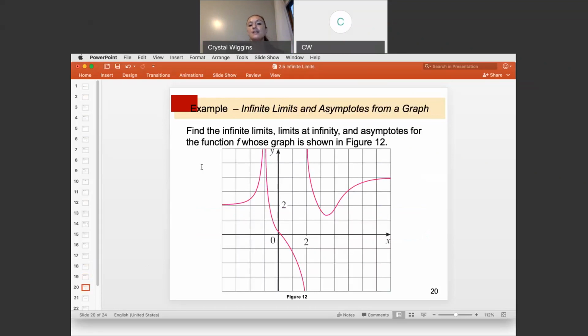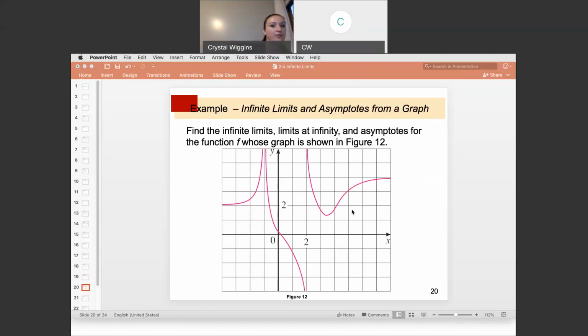Let's find the infinite limits, limits at infinity, and asymptotes for the function f drawn in this picture. Alrighty, let me switch over to my pencil here. I think we're going to do green.